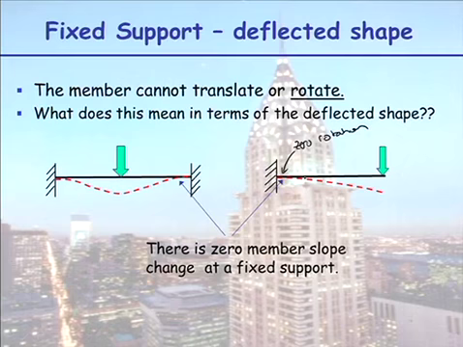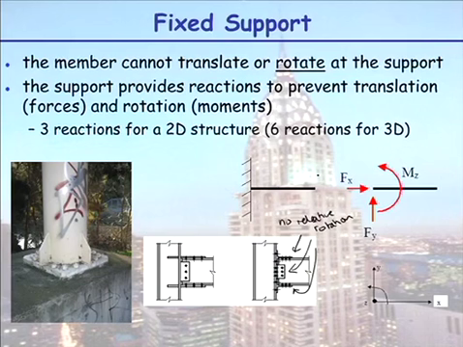So here you have a beam with two fixed ends, and here you have a cantilever beam. And in each case you can see when you look at the actual slope, there's no slope change at that support point. So that's a fixed member, and we draw it as shown. We draw it as a wall with dashed lines indicating concrete or brickwork or something solid.